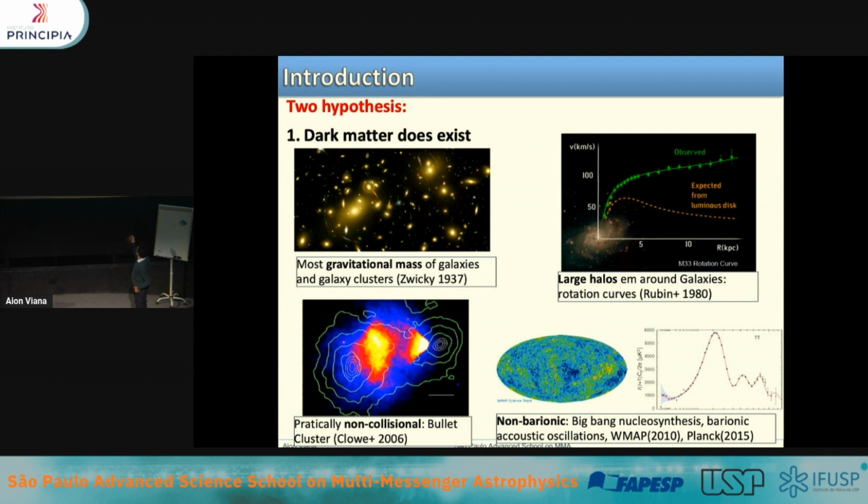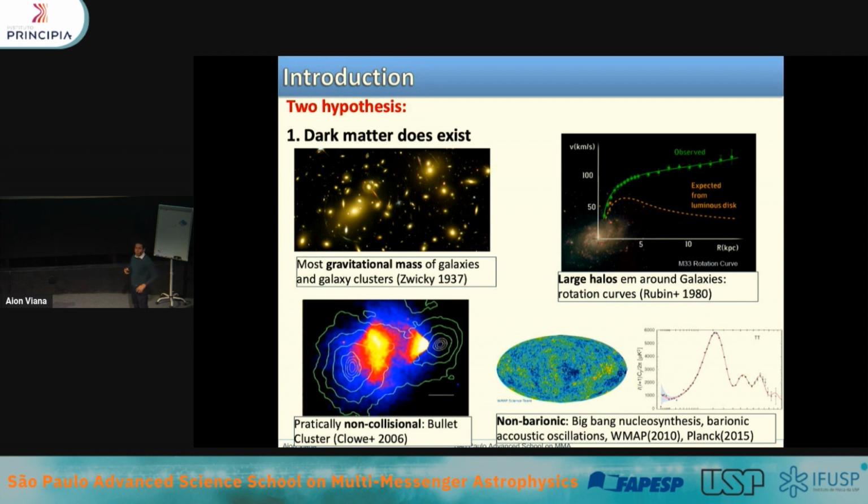We can see that this matter is most likely distributed in large halos around the galaxies. This we can see very clearly with the rotation curves that were observed in the beginning by Vera Rubin back in 1980. They are practically non-collisional.